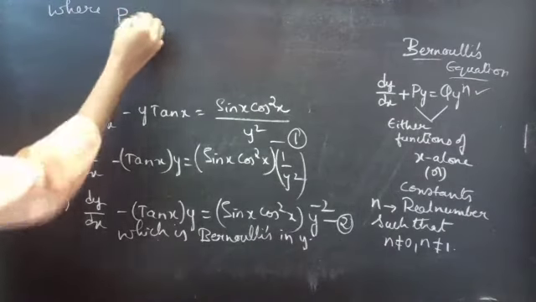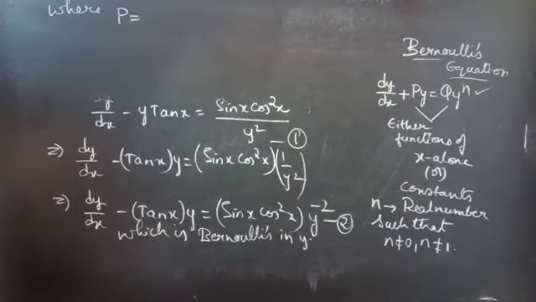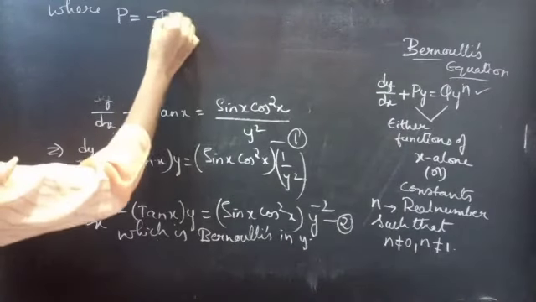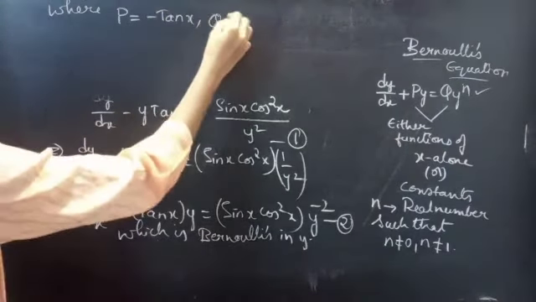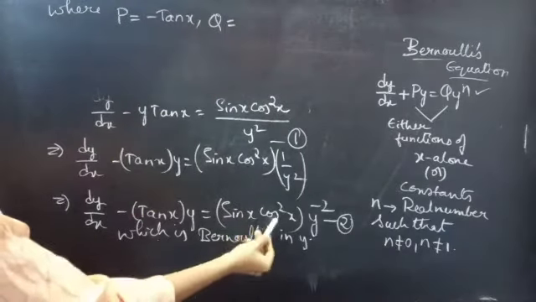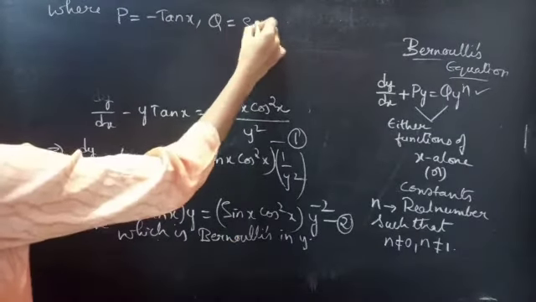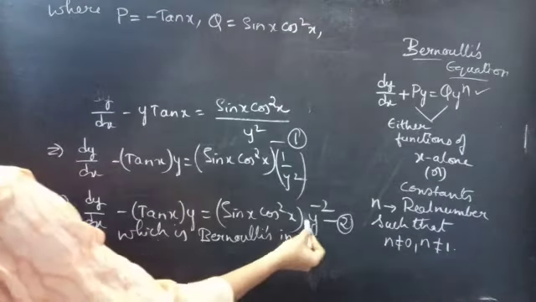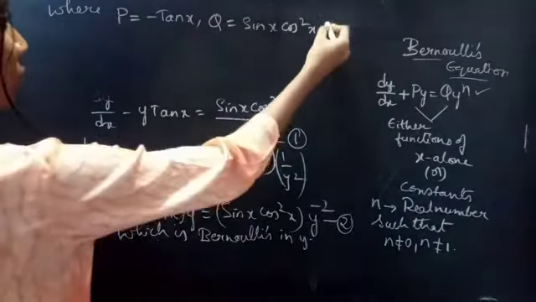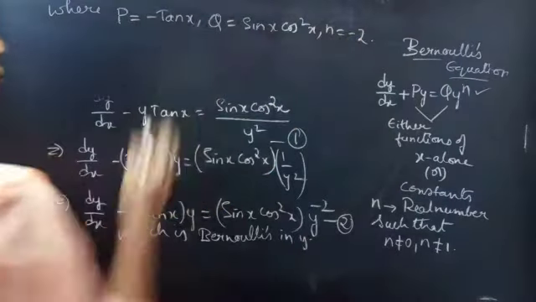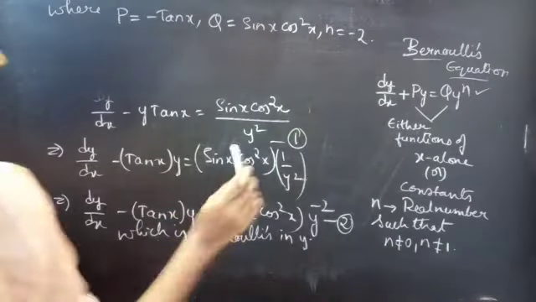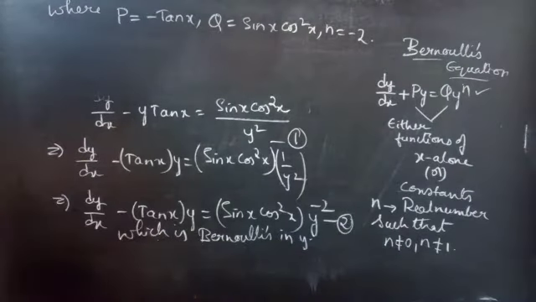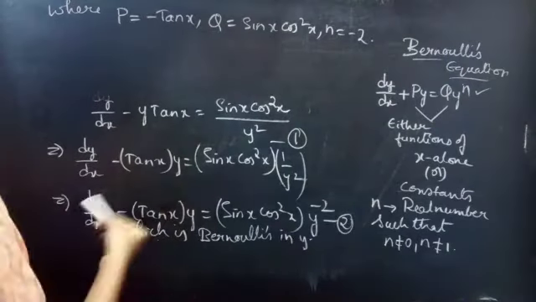Where P equals minus tan x and Q equals sin x cos square x. Again we have n equals minus 2. Since n is not equal to 0 and not equal to 1, we can say that this equation is Bernoulli's.